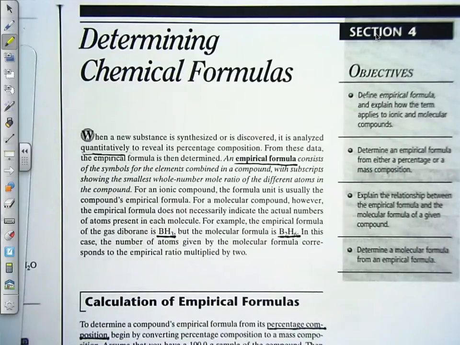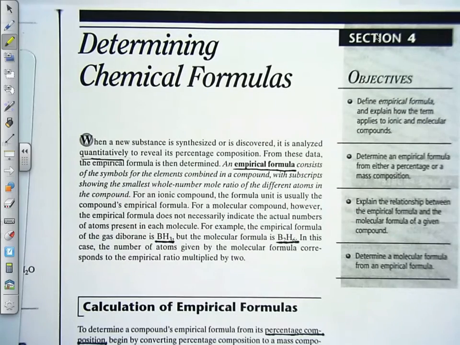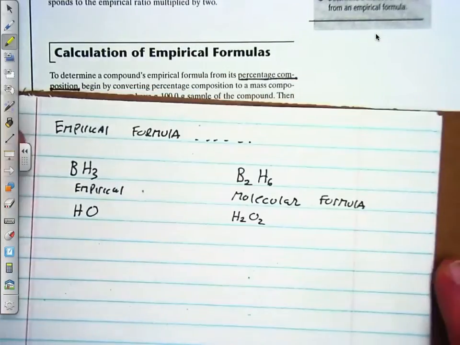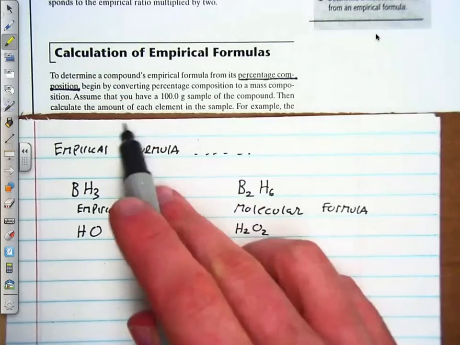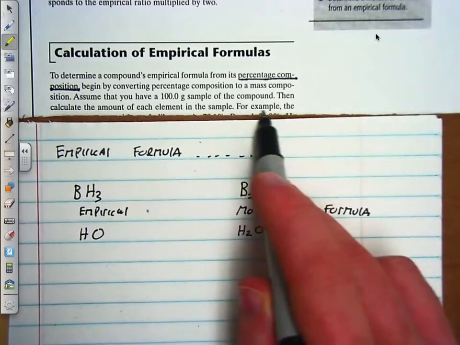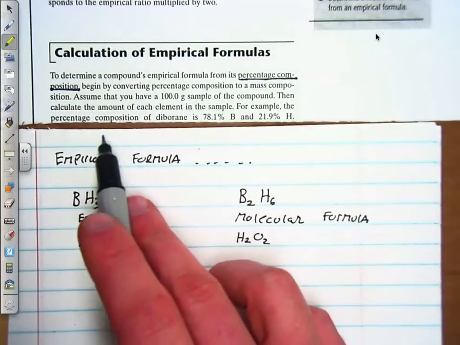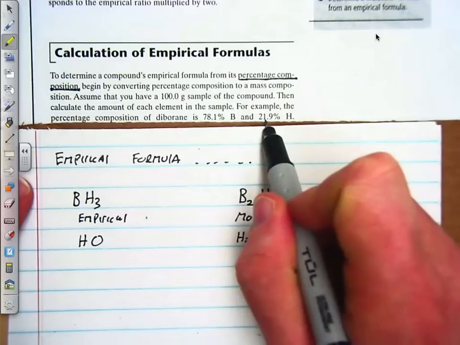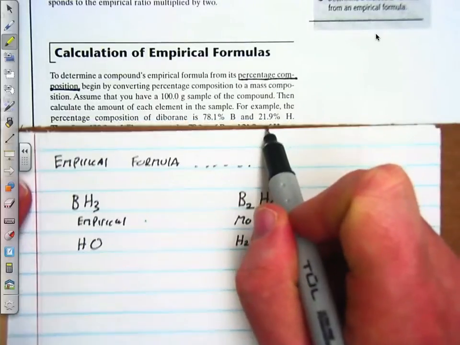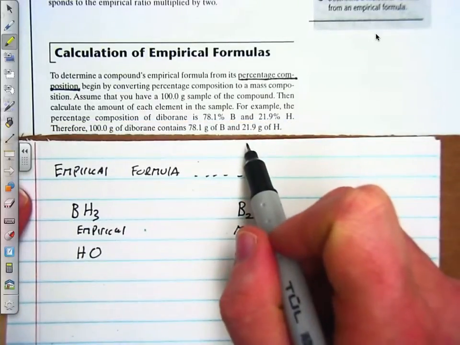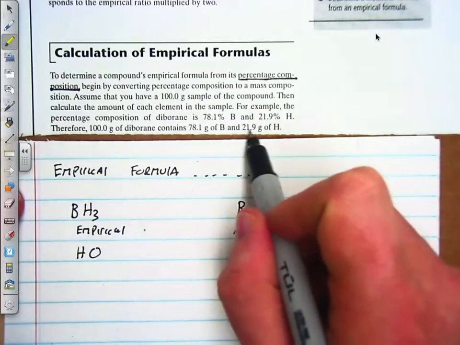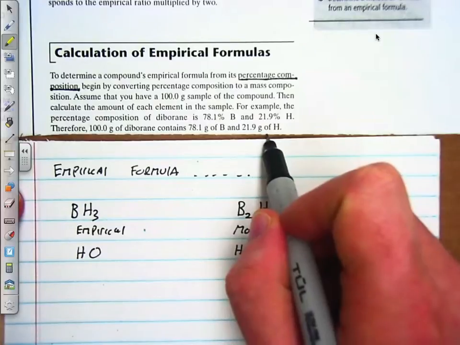Assume that you have 100 grams of sample of the compound. Then calculate the amount of each element in the sample. For example, the percentage composition of diborane is 78.1% boron and 21.9% hydrogen. Therefore, 100 grams of diborane contains 78.1 grams of boron and 21.9 grams of hydrogen.